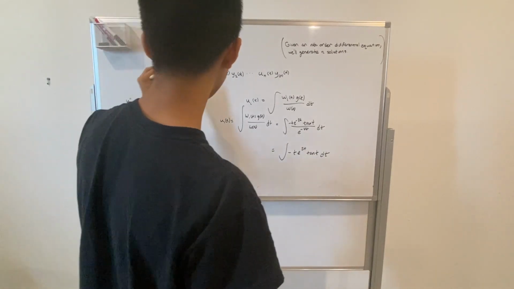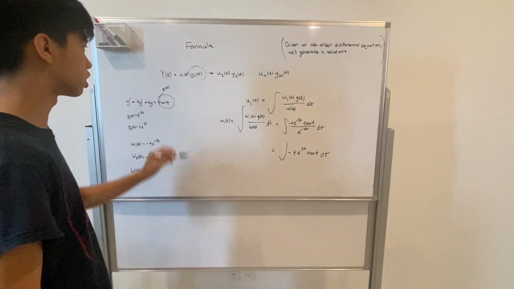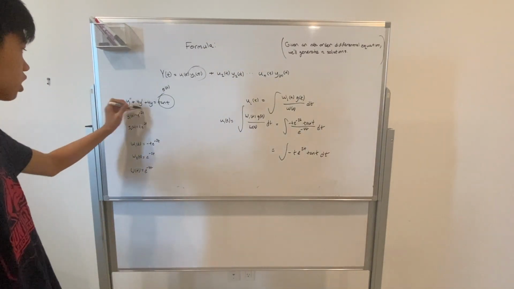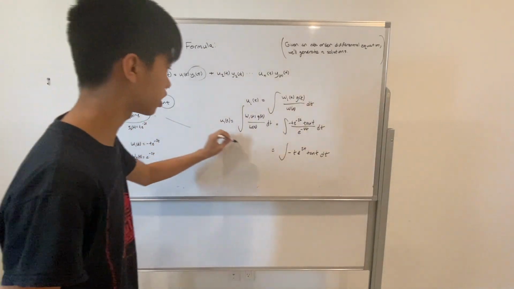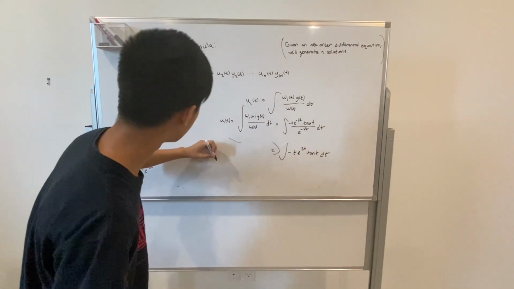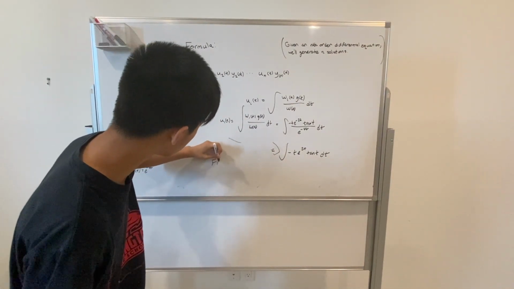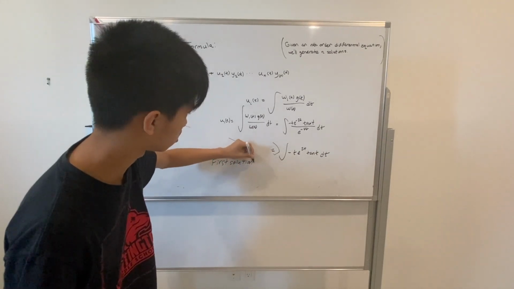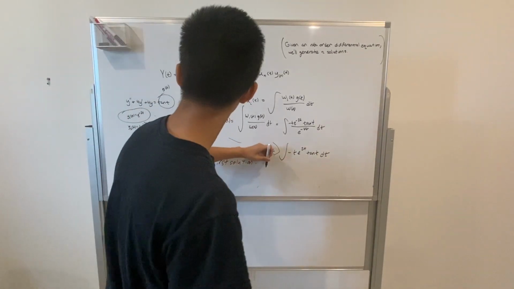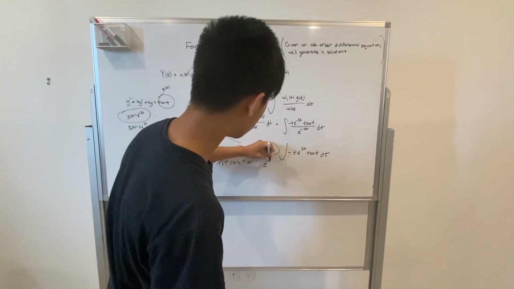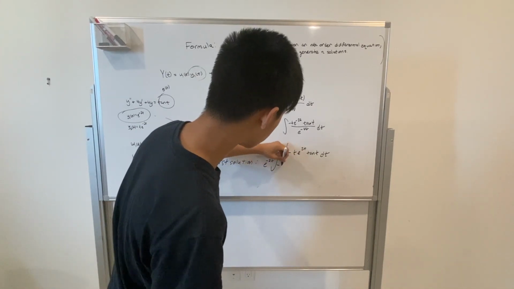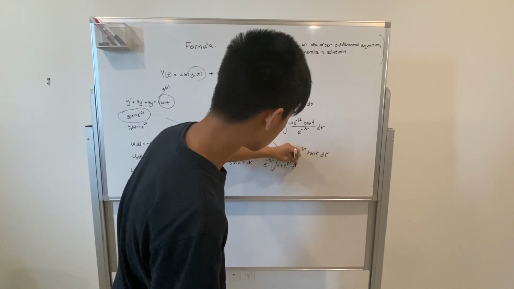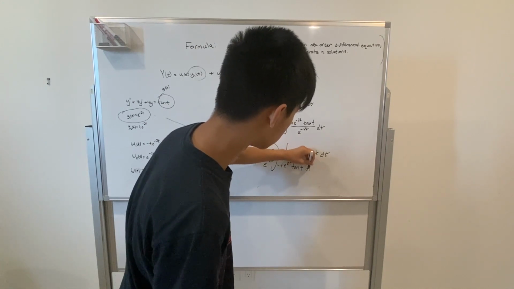Now, our first solution consists of u1 of t times y1 of t. So what we have to do is take this and multiply that here. So our first solution is equal to e to the negative 2t times the integral of negative t e to the 2t tangent of t dt.